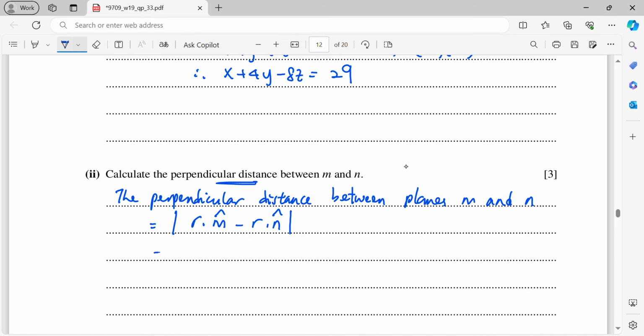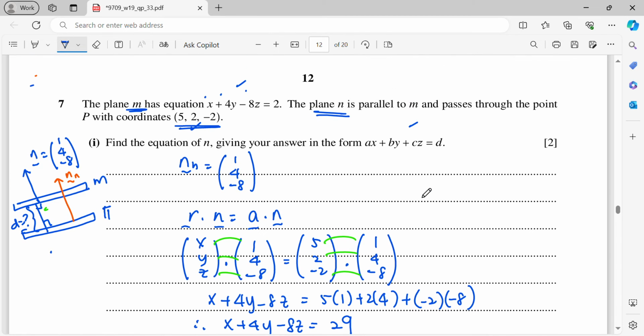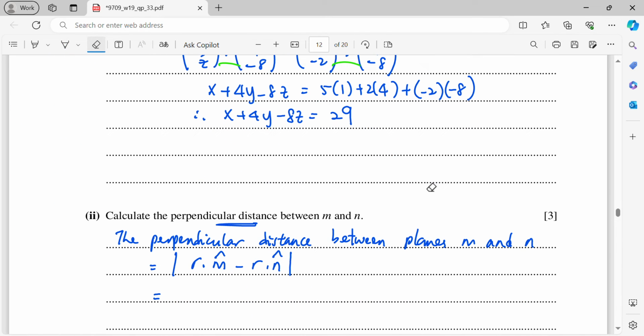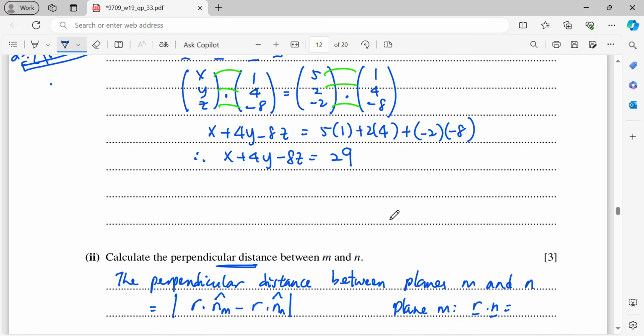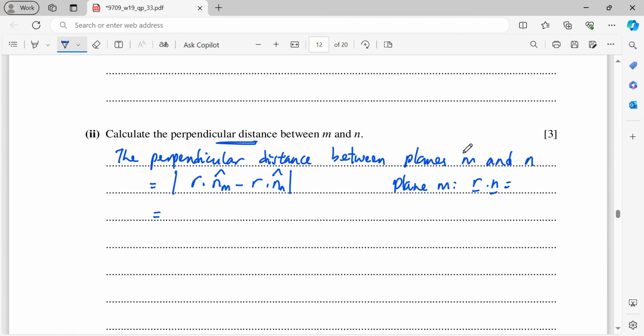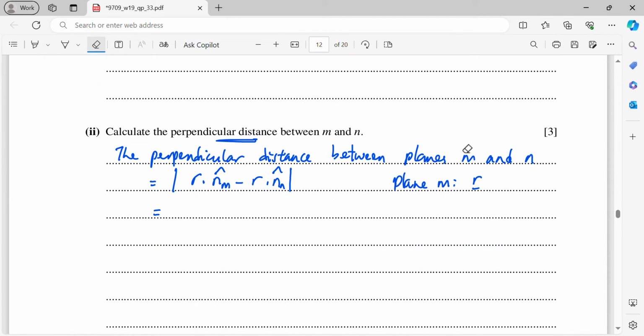Here r dot n for M is basically n hat for M, and the other one is n hat for N. For your information, for the plane M, r dot n equals 2 with (1, 4, minus 8). This 2 is basically the a dot n.